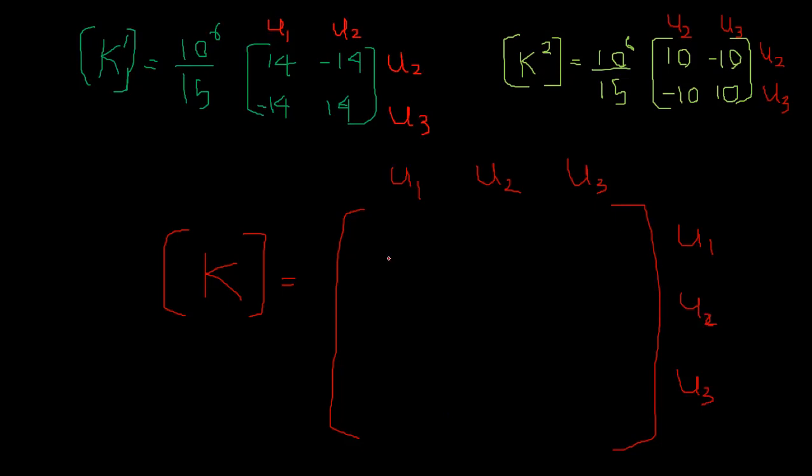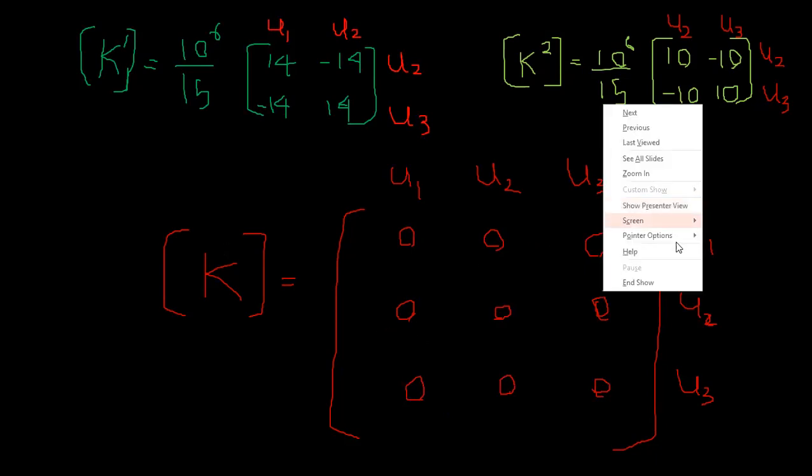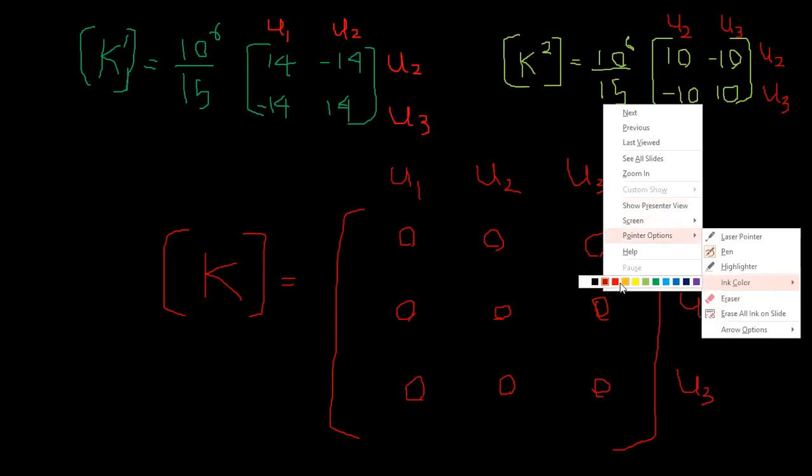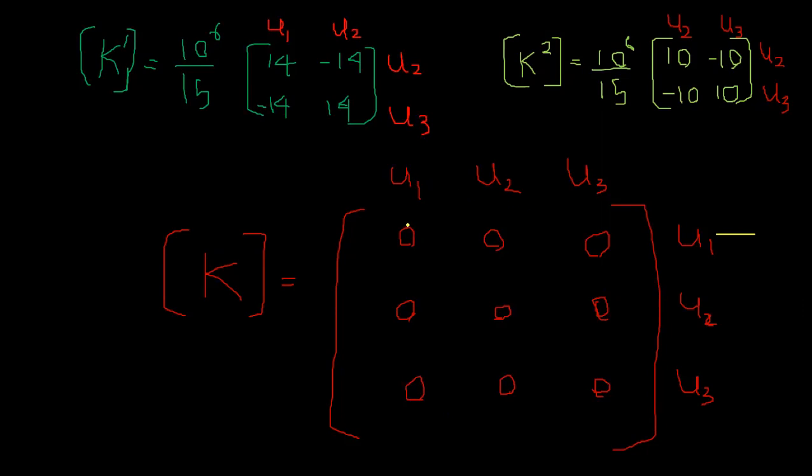So your first step is to make everything 0 for your convenience. You have 9 elements, right? Then consider each location. This element is U1 row, U1 column.